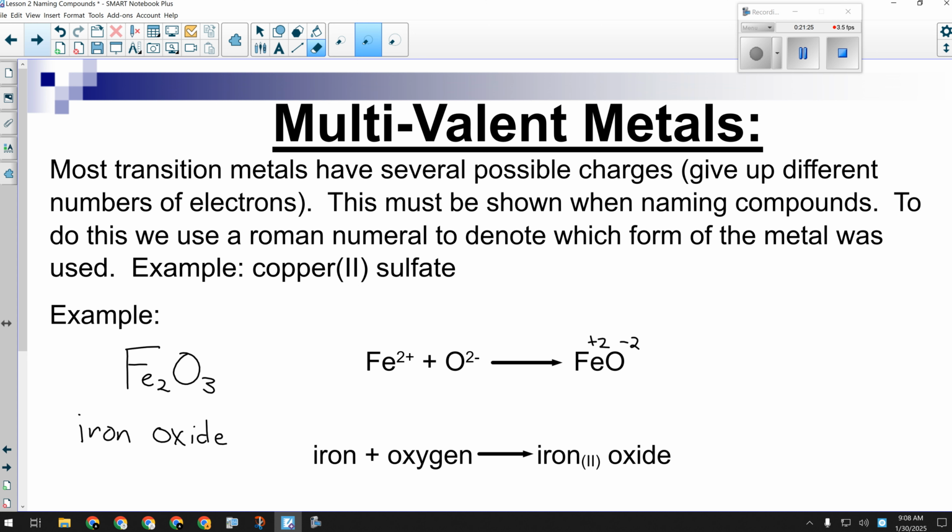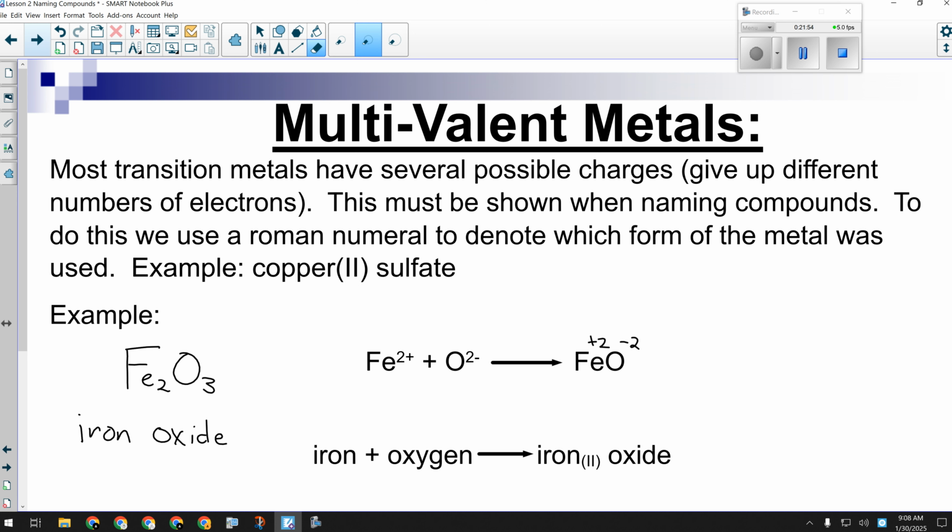But iron can be a 2+, as it is in this compound, or a 3+. So I've got to figure out which one is it here. Now, sometimes people just go, well, I'll just reverse the drop and swap. That'll tell me what the charge is. That's true about 2/3 of the time. I like to be right more than 2/3. I have a goal of being right more than 2/3 of the time.